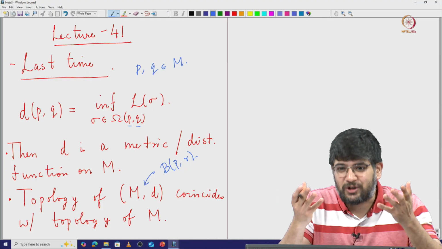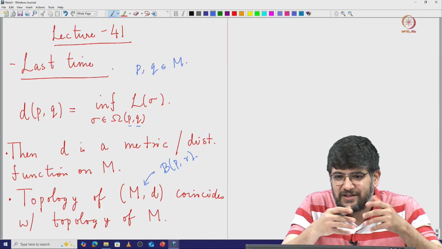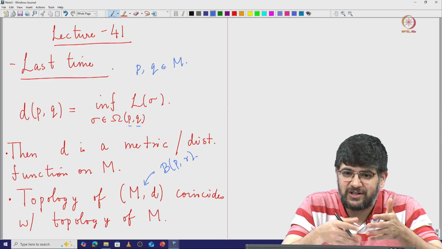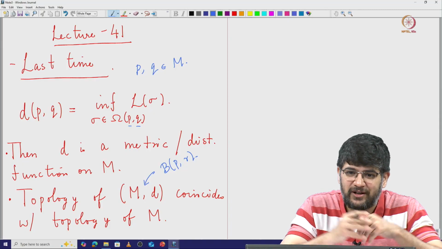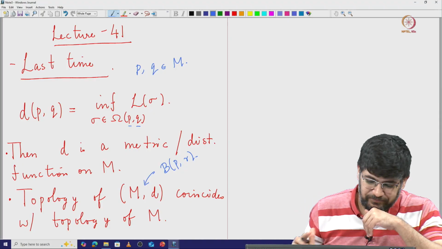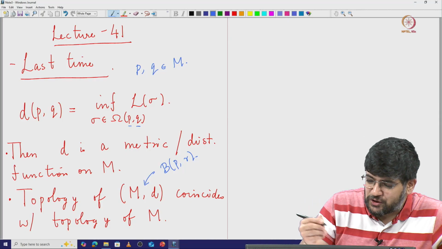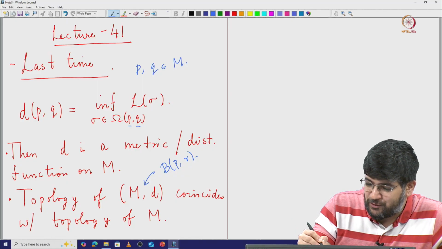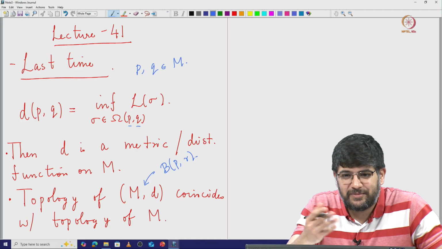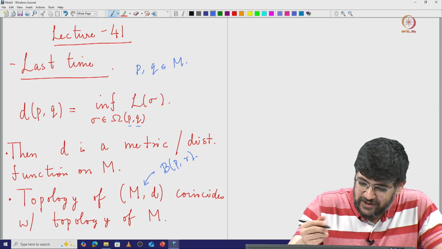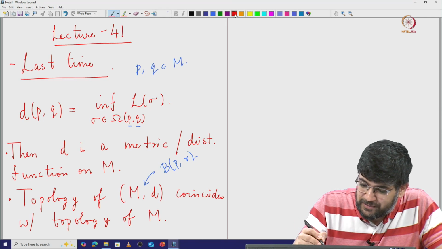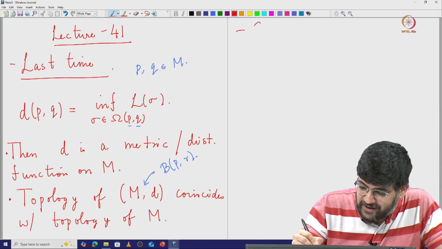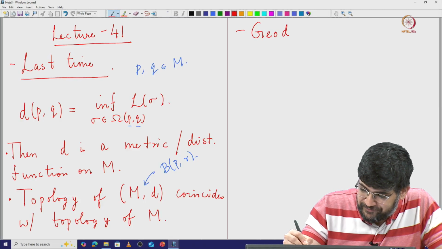This new topology using the distance function actually coincides with the topology that is already there on M, okay. Alright, so today I would like to explore this notion of completeness for this metric space. So I want to talk about what is called geodesic completeness.